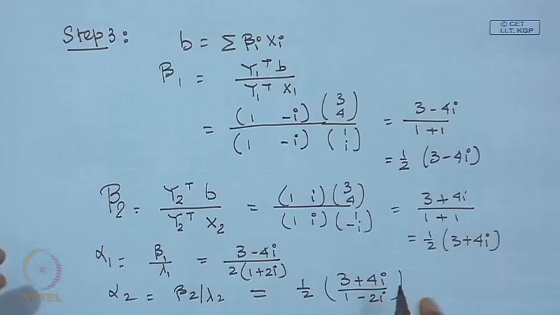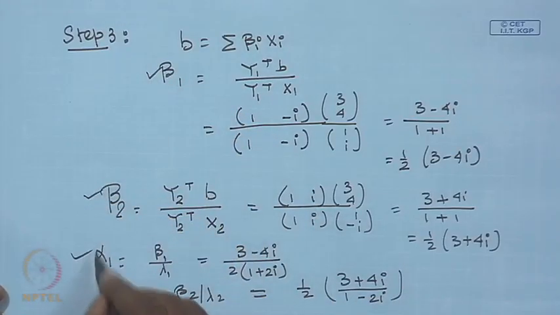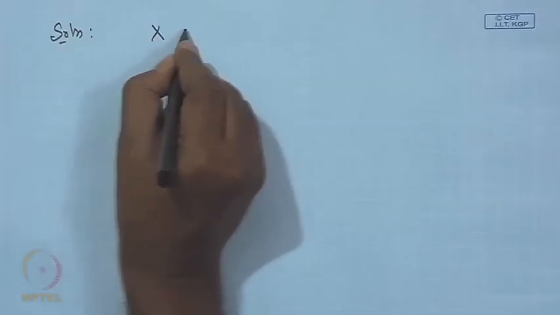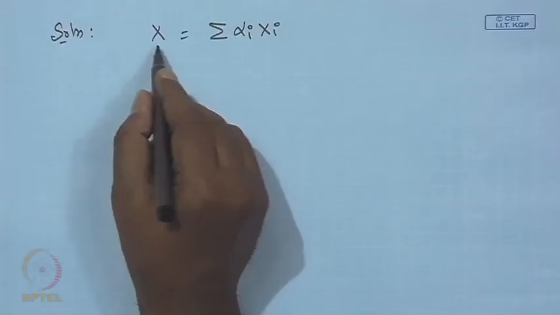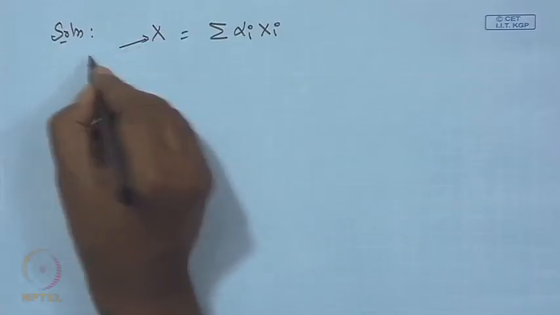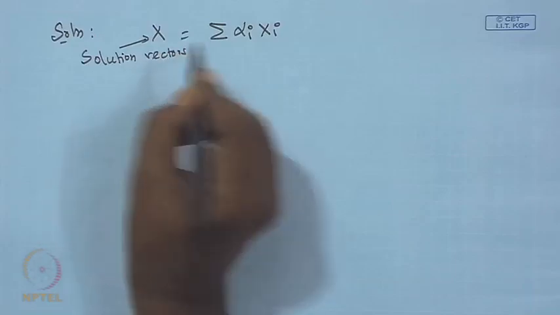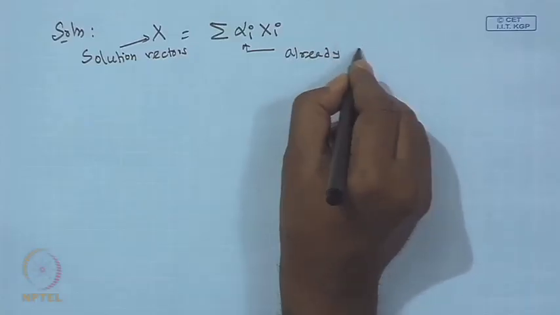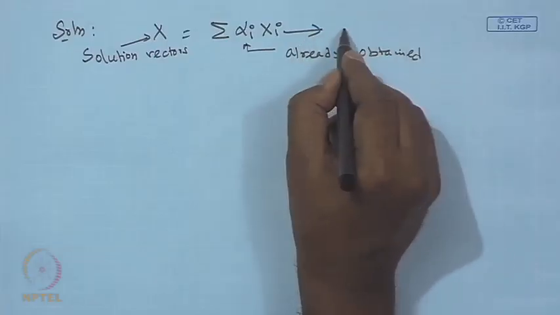So, we have evaluated the betas, we have evaluated the alphas. So, the next and final step is the solution. X is equal to summation alpha I x I. So, this becomes the solution vector, and the eigenvectors are already evaluated.